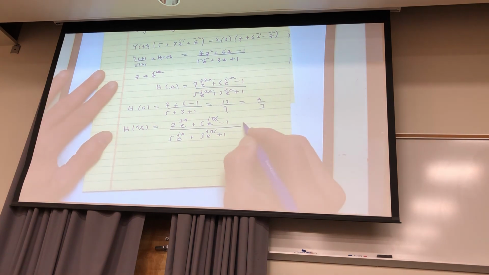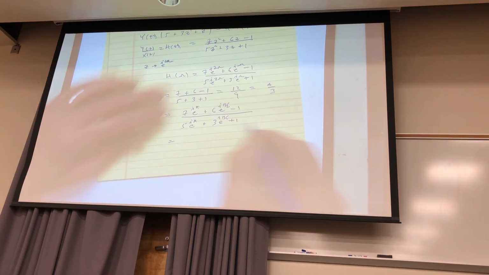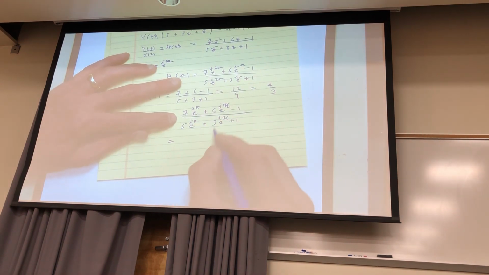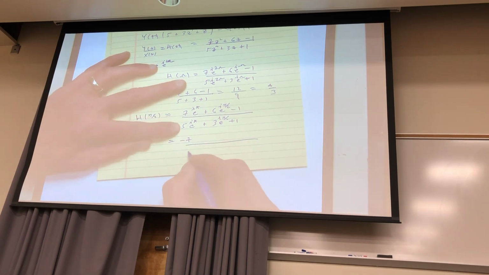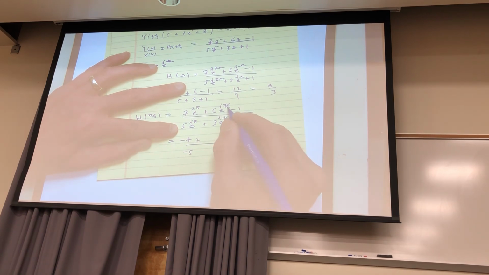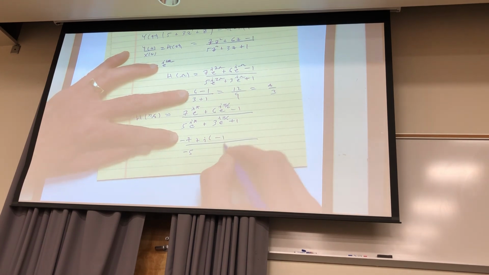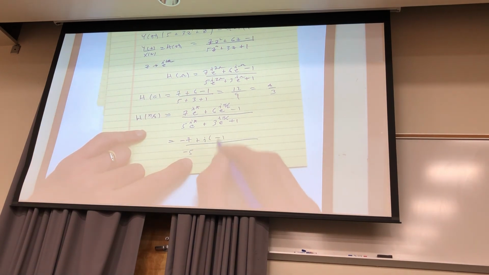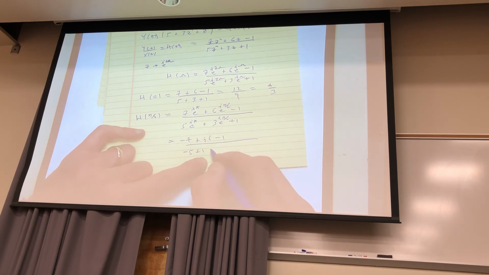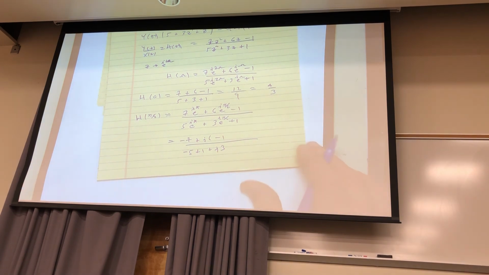And let's see here. That e to the j pi is minus 1, so I have minus 7, and then minus 5 for starters, plus e to the j pi over 2 is just j, plus j6, right? And then it's going to be minus 1 here, and I have minus 5 plus 1 plus j3 here. Do y'all follow me on this, class?